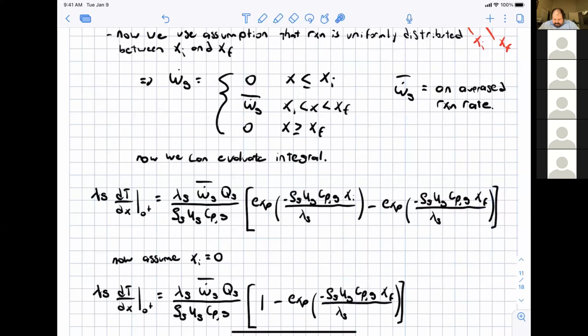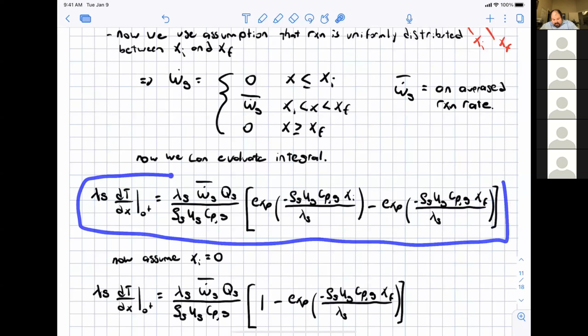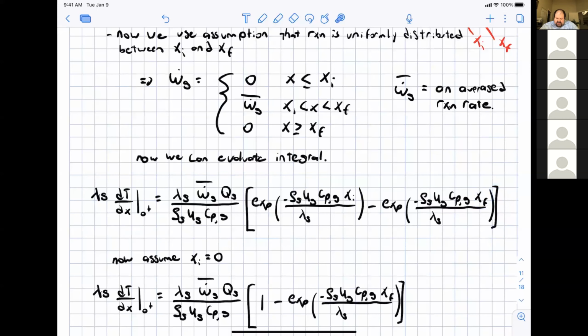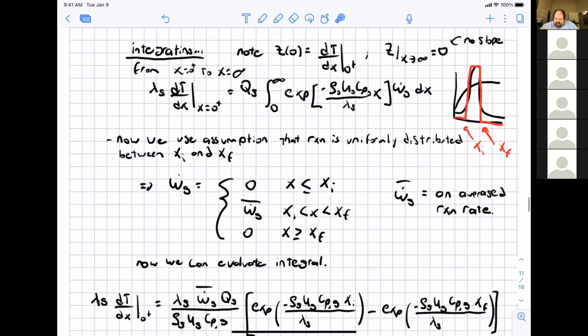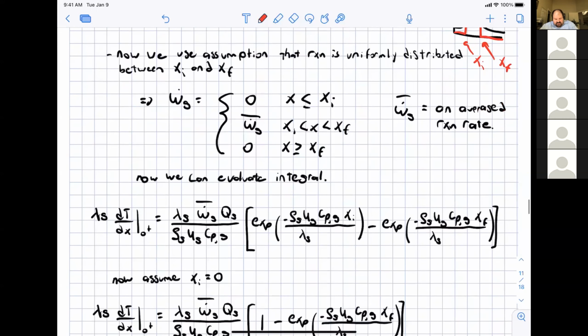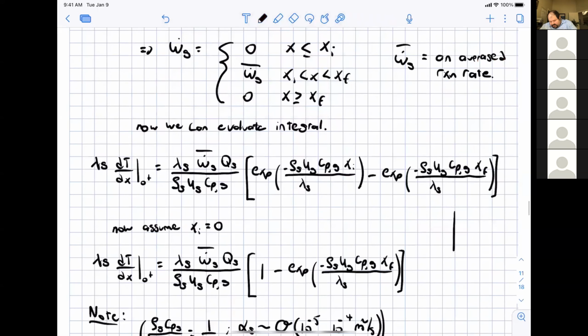Okay, and so this is a more generalized expression, and we're going to make a further assumption, because in reality, those pyrolysis species that come off the surface of the propellant, so if we have our propellant here, those pyrolysis species are extremely reactive. And if they are extremely reactive, they start reacting right away.